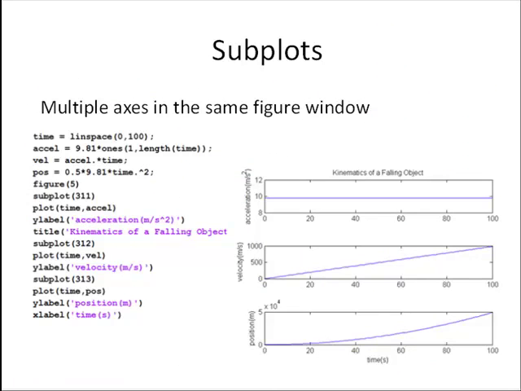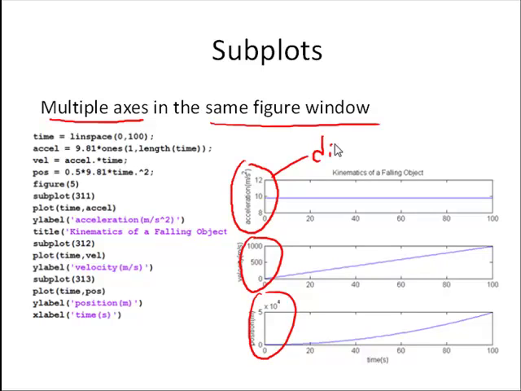Subplots are similar to overlay plots in that we're plotting multiple sets of data, but in this case we have multiple axes in the same figure window. And the time when this is good is if our y-axes are different orders of magnitude. So note these 3 subplots of some kinematics, or acceleration, velocity, and position of a falling object. Note the different orders of magnitude on the y-axis.